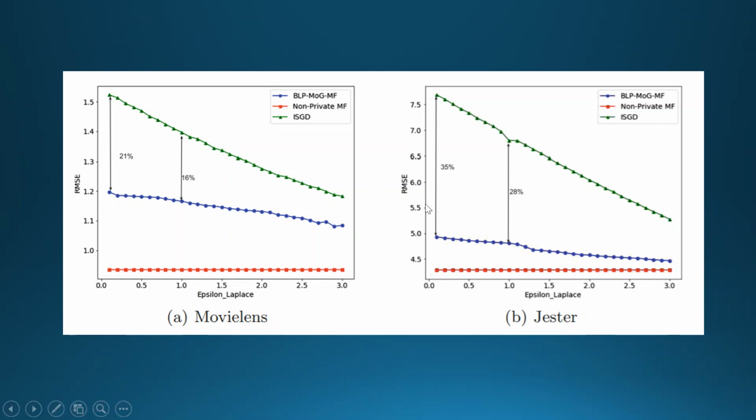Another important thing to note here is the difference of the RMSE values for the Jester and Movielens datasets. Now, Jester is a sparse dataset, so there's not enough data in it. However, you can see our method gives a higher accuracy increase in the Jester dataset compared to the Movielens dataset, which implies that our method can outperform the ISGD method even when the data is sparse.